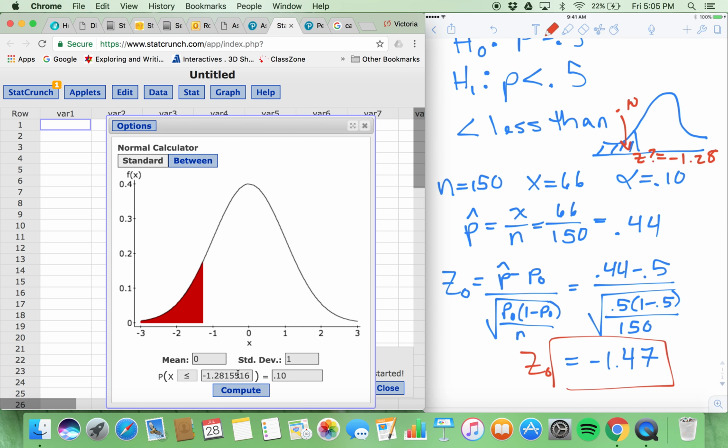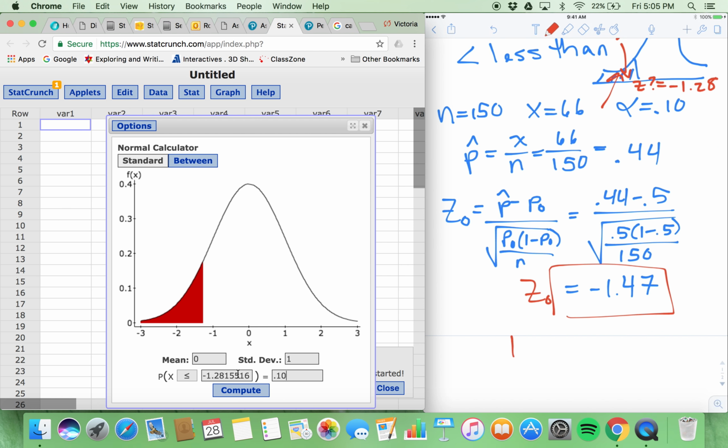No. So again, hypothesis testing asks whether there is enough evidence to either reject H naught or fail to reject H naught. So is negative 1.47 to the left, in this rejection region of negative 1.28? That is true. So we would say here, reject H naught.